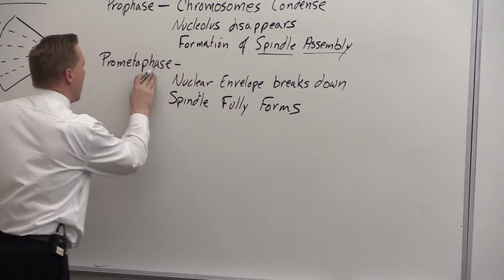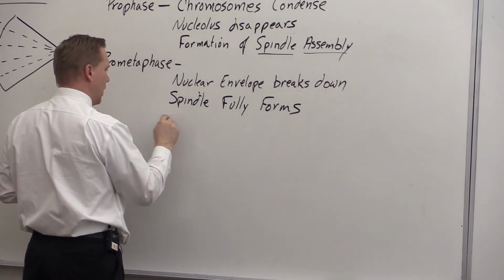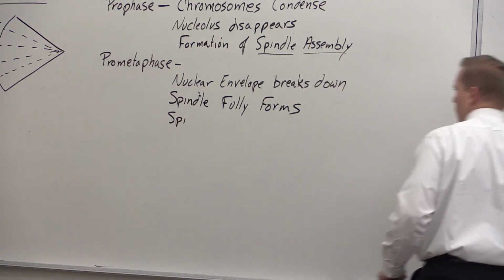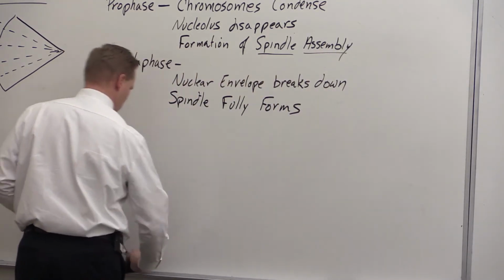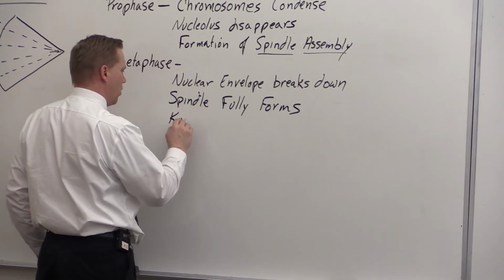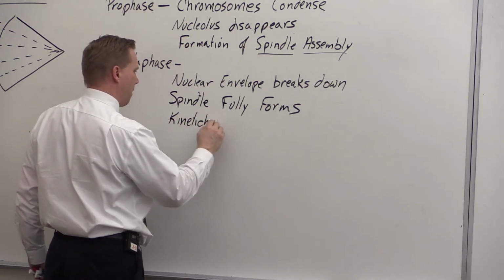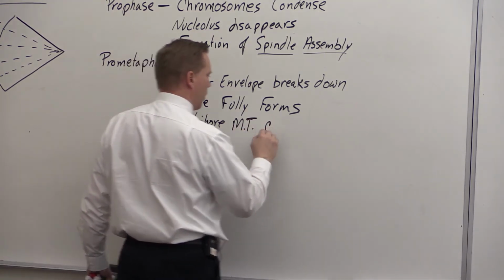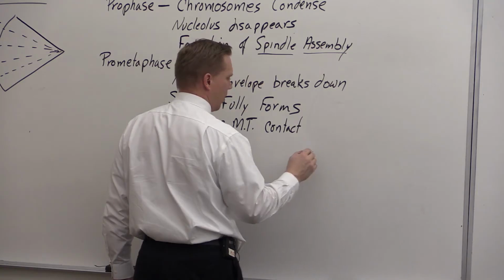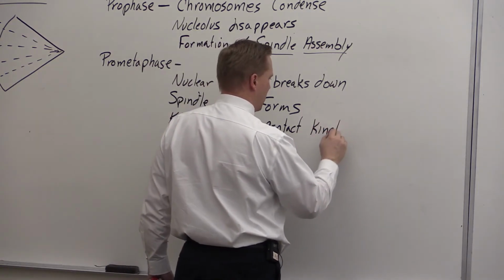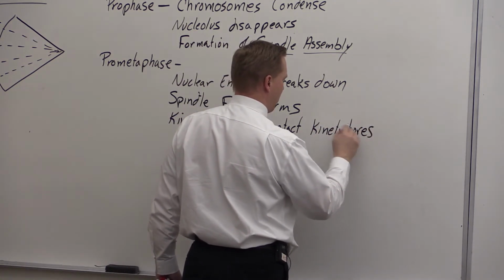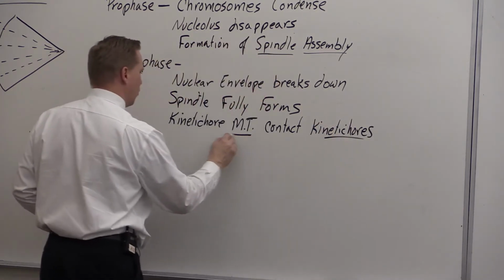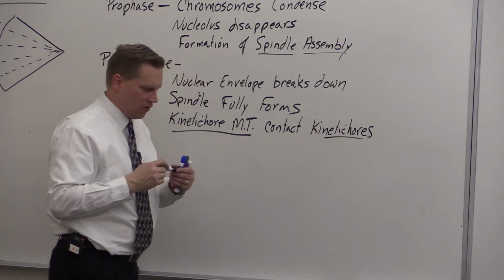And toward the end of prometaphase, we're going to get something called the kinetochore microtubules contact kinetochores. Now, we got some new terms in there. The kinetochore microtubules is one term, and then the kinetochores is the other term.